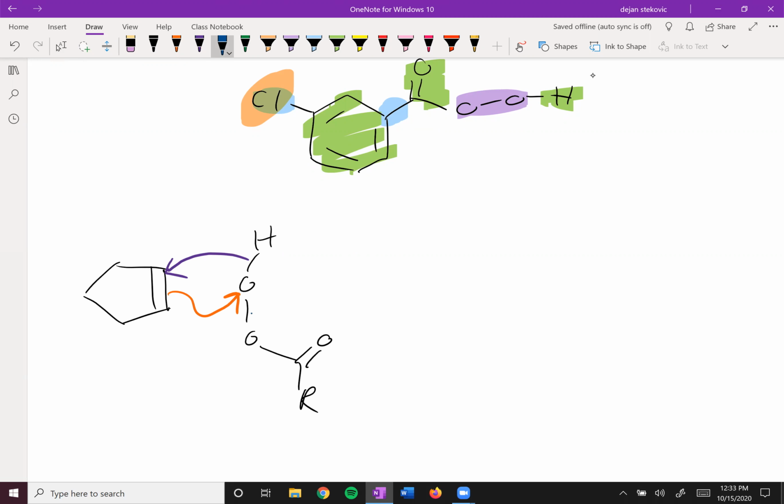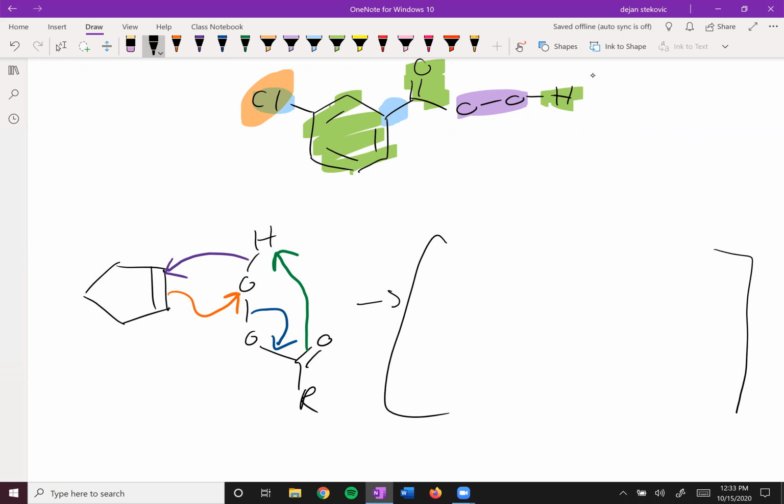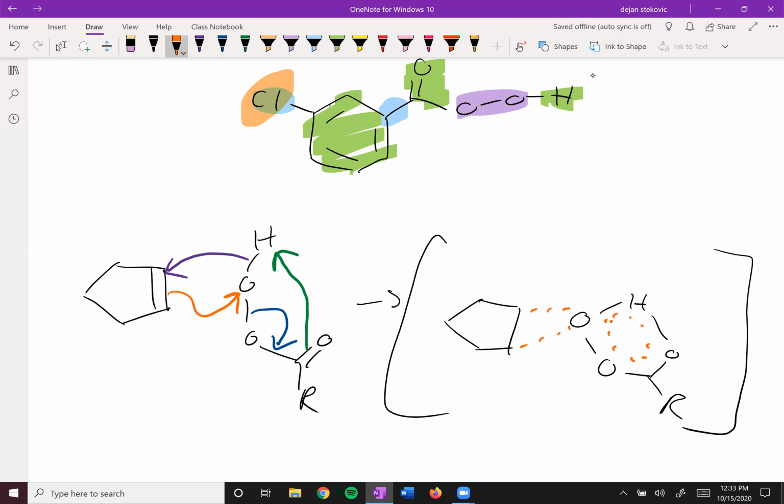This oxygen-oxygen bond breaks over here to make a double bond. And then this double bond goes over here and picks up this H. And so you get this transition state that looks something like this, where all these bonds are being broken and formed all at once.